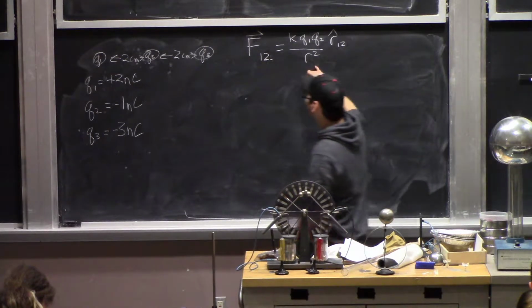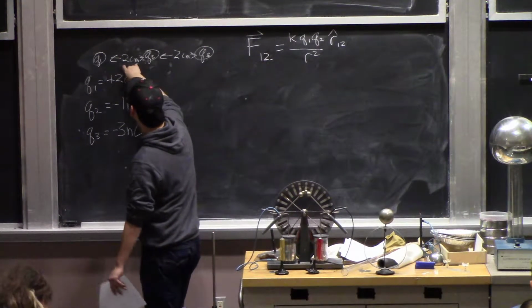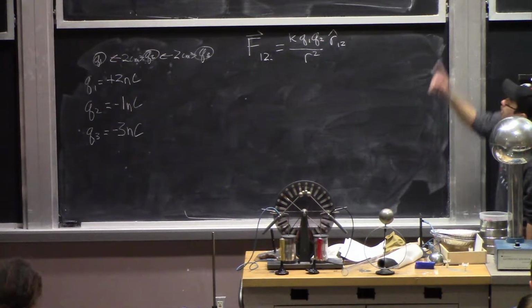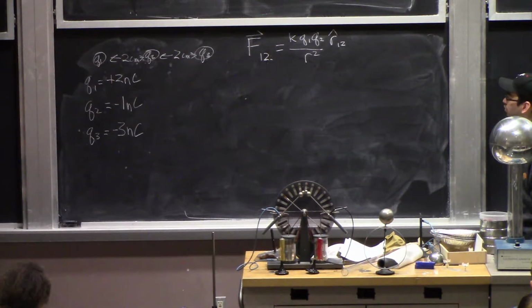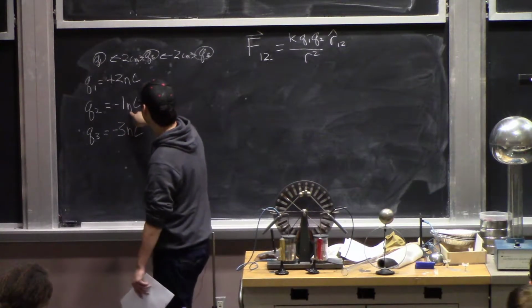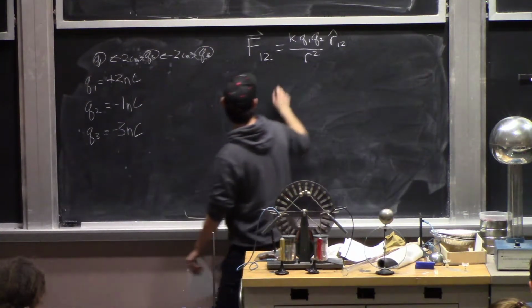We know that this distance is 2 centimeters. We need to convert this to meters because our constant K is written in terms of meters, and our charges also need to be written in terms of coulombs instead of nanocoulombs.